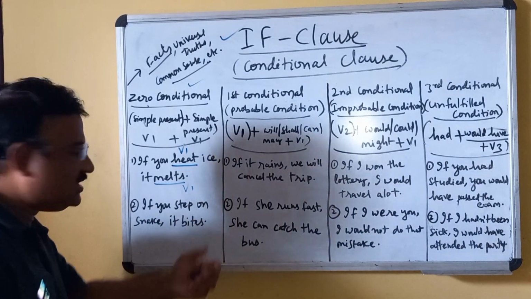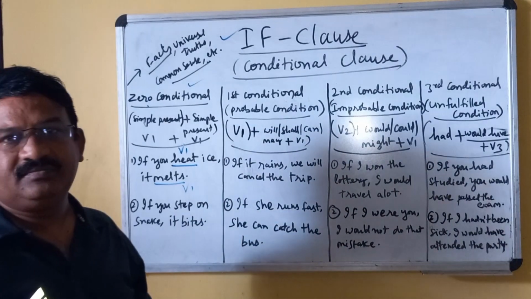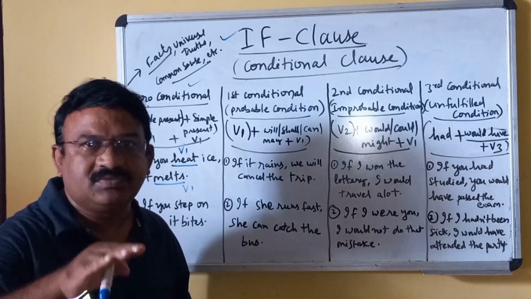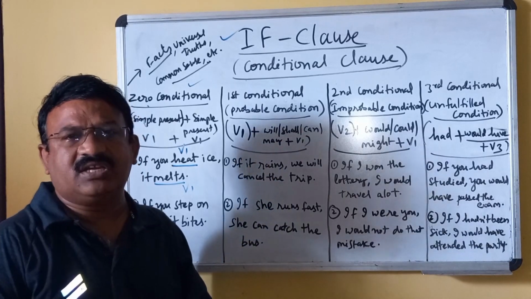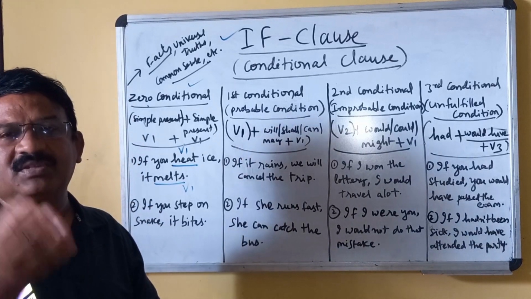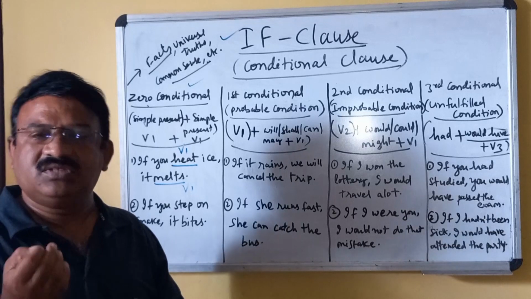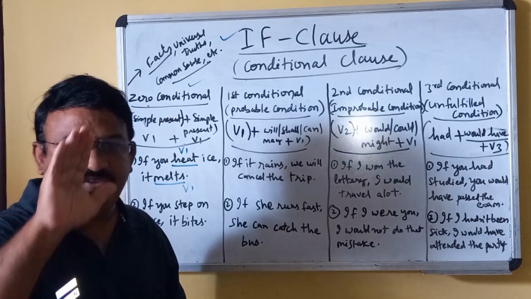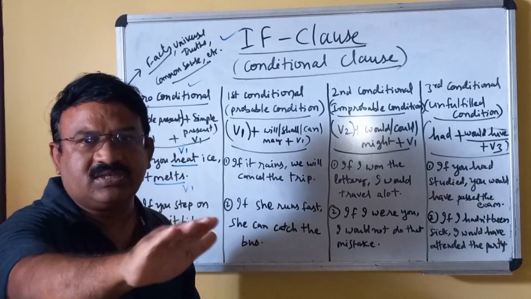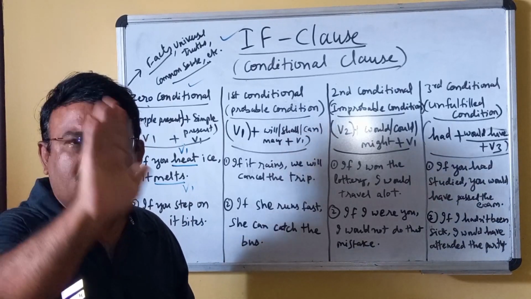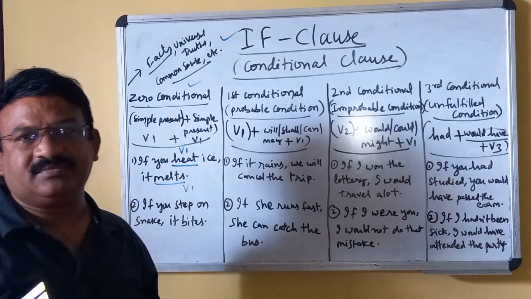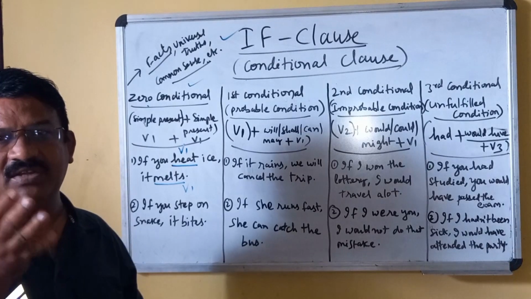If you step on a snake, it bites. It is just common sense. If you step on a snake or if you step on a dog, it bites. It is very simple.